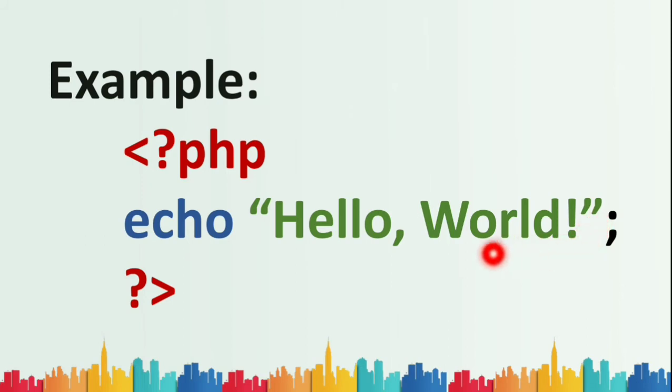In between, you can type anything, whichever data you want to print on the screen. End with a semicolon. This is the way to write an output statement. And after completing all the lines, if you want to close this PHP tag, you just give a question mark and a close angular bracket. So this is the general format.